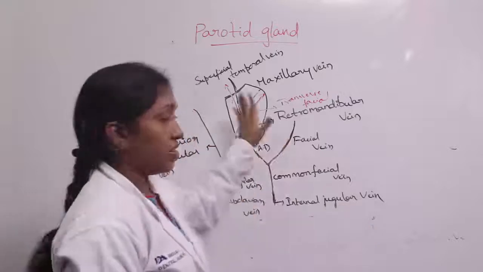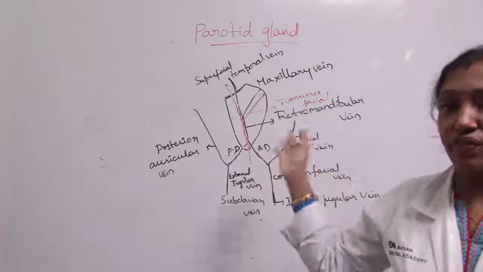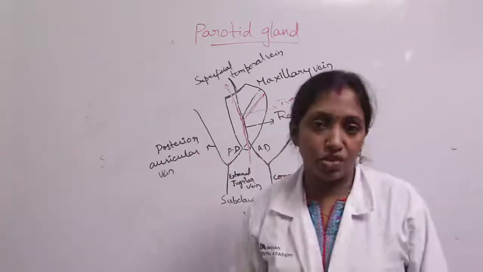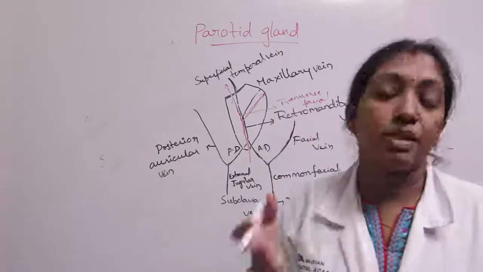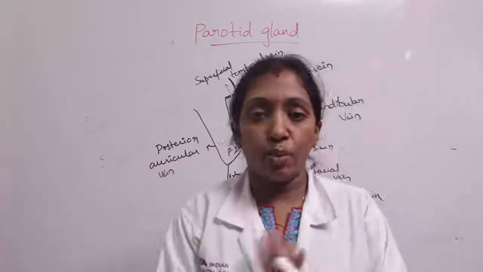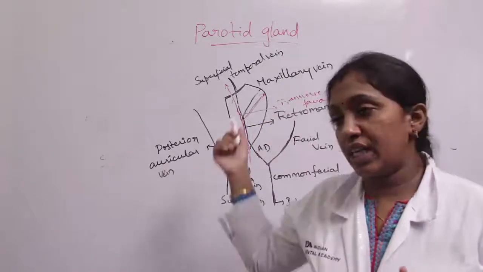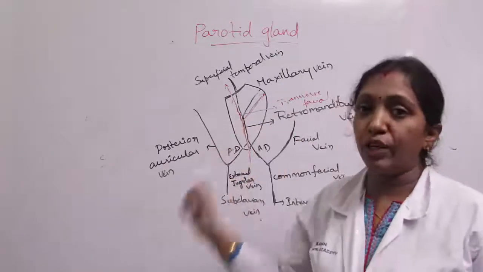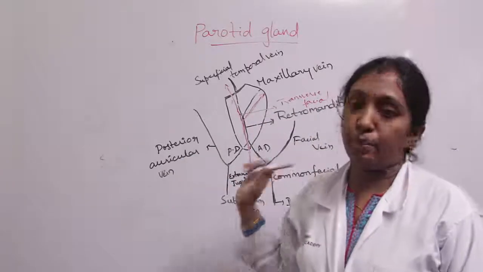So that's about the structures piercing the parotid gland. First is the facial nerve, which gives five branches: temporal, zygomatic, upper buccal, lower buccal, marginal mandibular, and cervical. That means the buccal branch divides into upper buccal and lower buccal. Next is the vein, the retromandibular vein, formed by the union of the superficial temporal and maxillary veins, and it divides into anterior and posterior divisions.